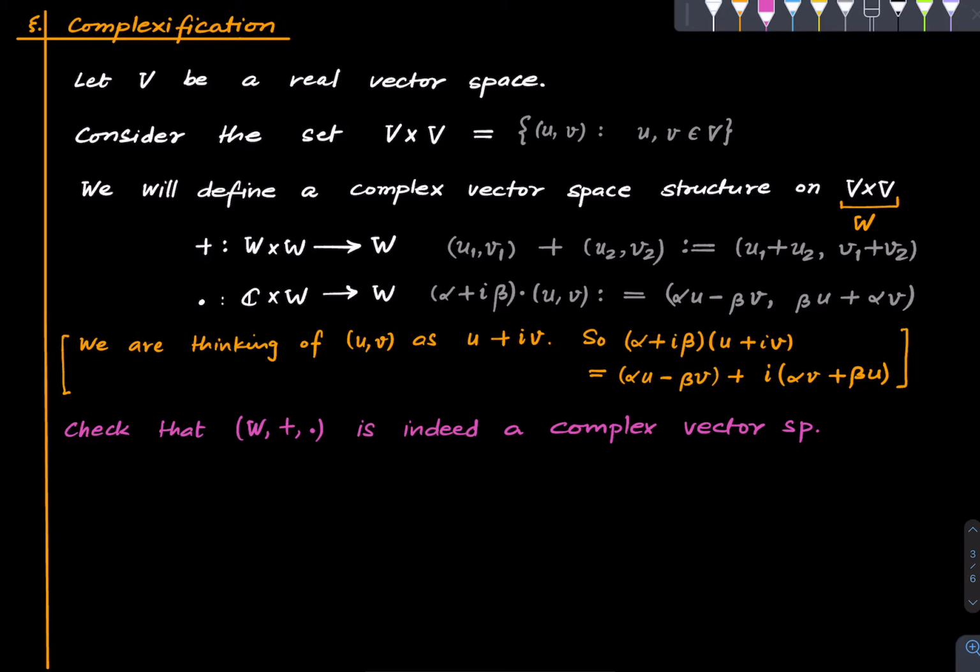Another exercise is to show that the dimension of W, where of course we are thinking of W as a complex vector space, so I'll qualify that with a subscript, is the same as the dimension of V, where V is a real vector space, so to emphasize that, I will write a subscript there. So the complex dimension of the complexified thing does not change. The parent space was a real vector space with some dimension, but it so happens that this as a complex vector space has the same dimension. It may seem a bit surprising, but it is not if you think about it.